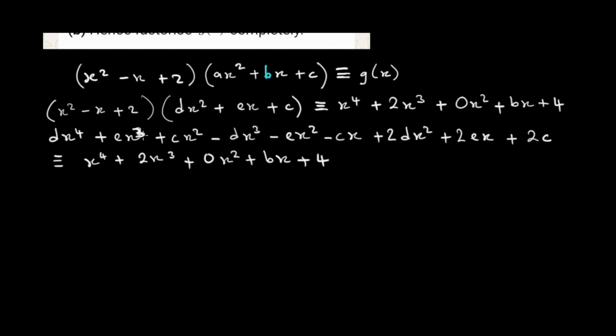If you make a mistake in expanding here, you will have spoiled everything. X squared times c is plus cx squared, then minus x times dx squared is minus dx cubed, minus x times ex is minus ex squared, then minus x times c is minus cx, 2 times dx squared is 2dx squared, 2 times ex is 2ex, and 2 times c is 2c, correct.